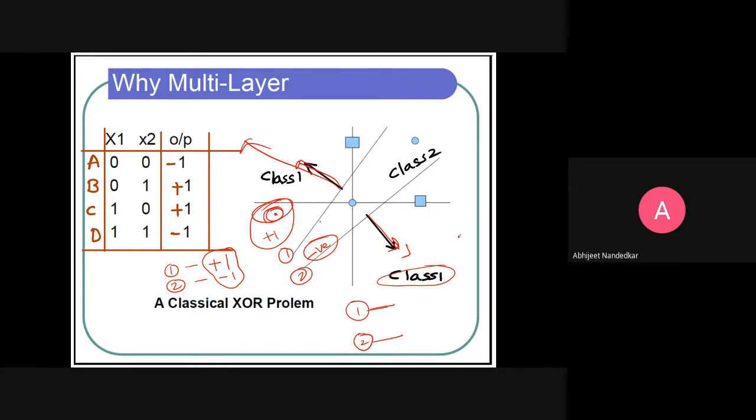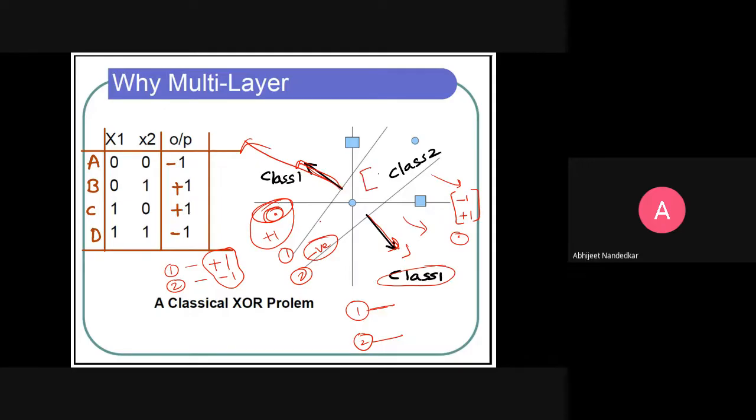The same thing will happen when I stand here: the second neuron will produce +1 and the first neuron will produce -1. I know that since this is the class 1 region, I will declare this input as class 1.